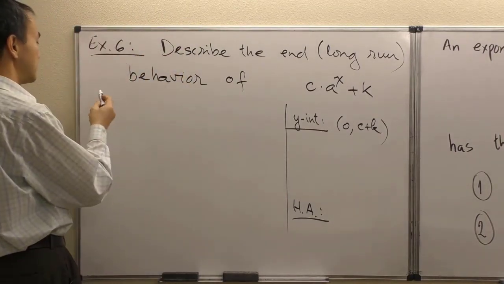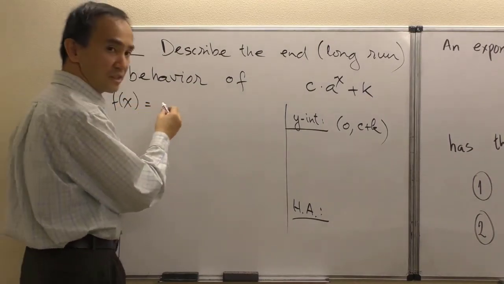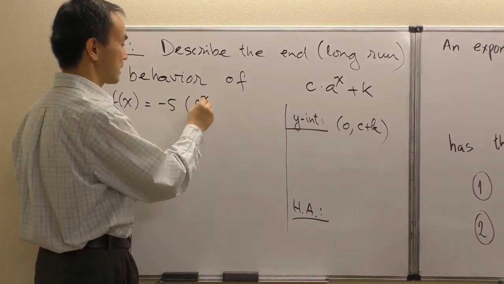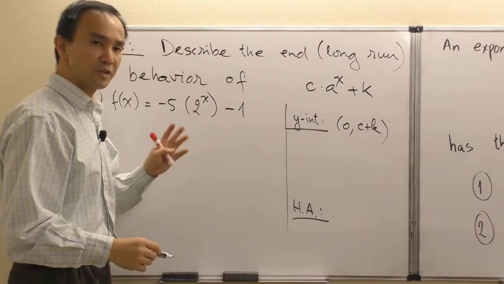The function is f of x equals negative 5 times 2 to the x, and I'm subtracting 1.